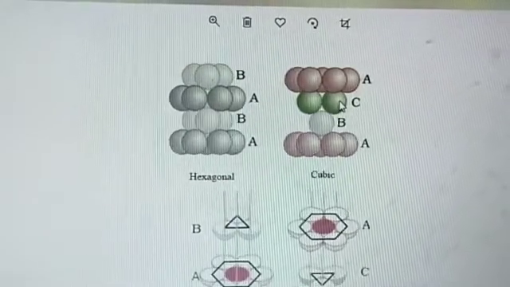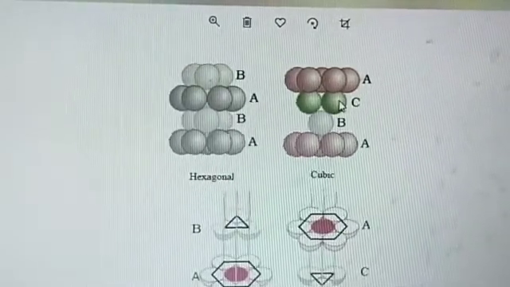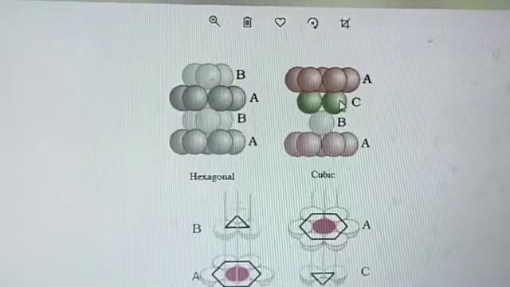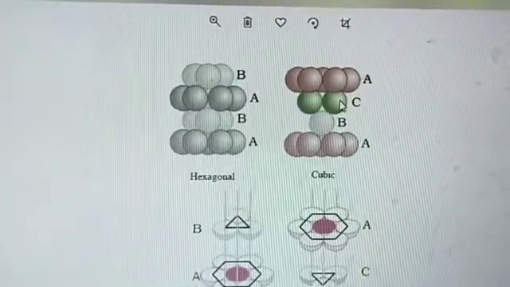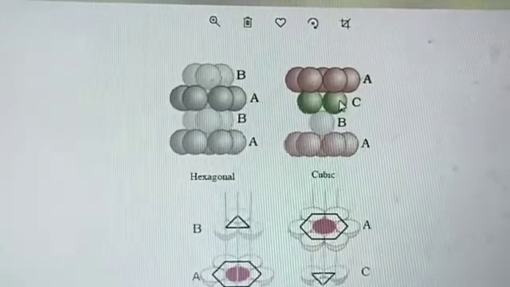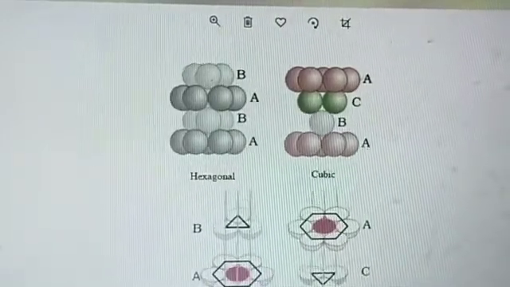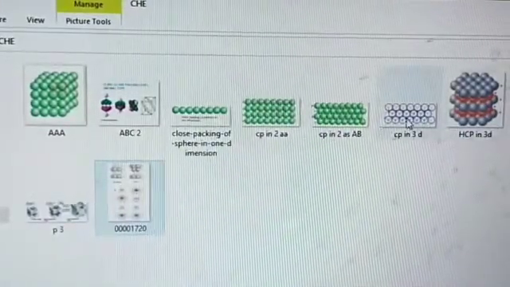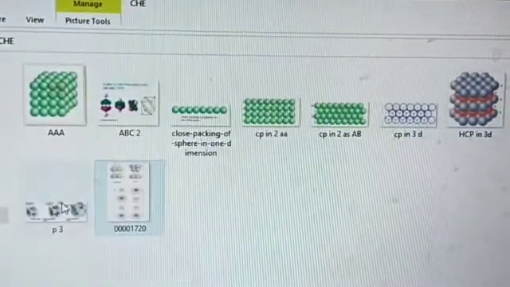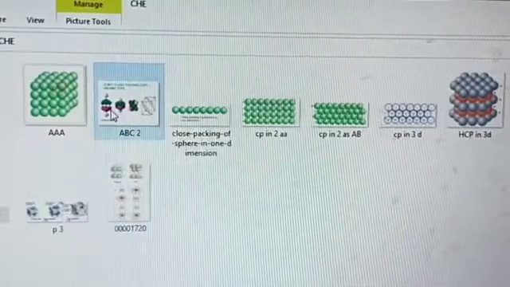What we call ABC arrangement, this pattern of layers mainly forms cubic close packed structures along with face centered cubic structures. So which type of structures do we get in this? Cubic close packed as well as face centered cubic. Both types of structures we can get.